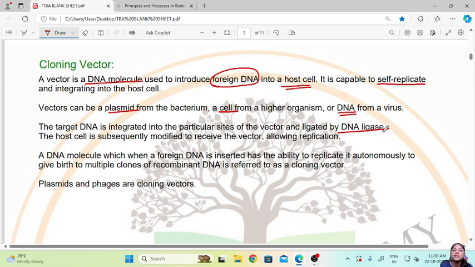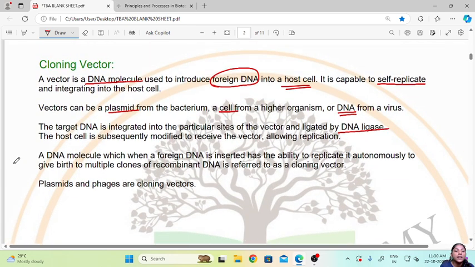This is the enzyme which is used to link or join different DNA molecules. Whatever isolated DNA we have got is integrated in the particular sites of the vector DNA and they are joined using the DNA ligase. Now the host cell is subsequently modified to receive the vector, allowing the replication.